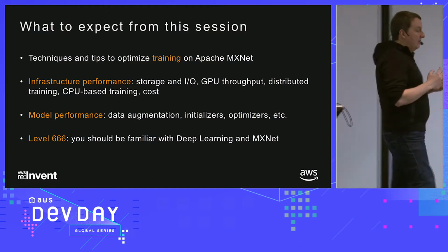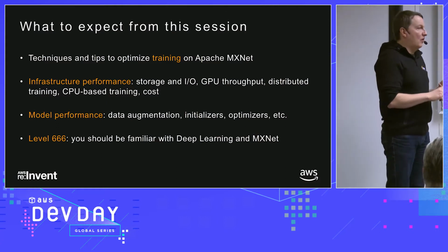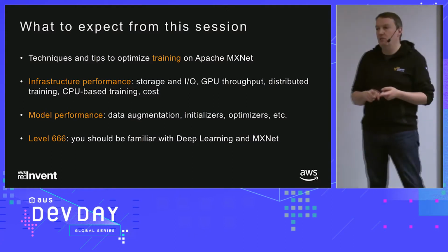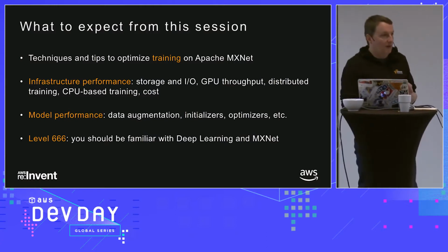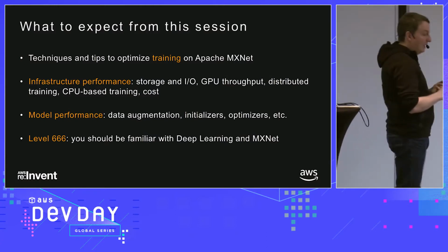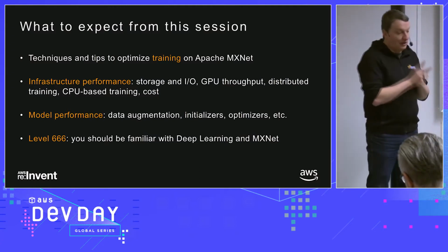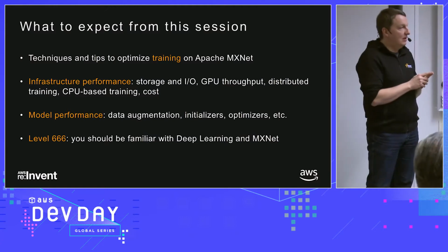And there are two angles to this. There is obviously the model performance, the one we all obsess on. Oh, what should be my learning rate? What should be my optimization algo? How many epochs should I run? The stuff that keeps you awake at night. But I find that there's a second topic, which I'll call infrastructure performance, that is at least as important, right?